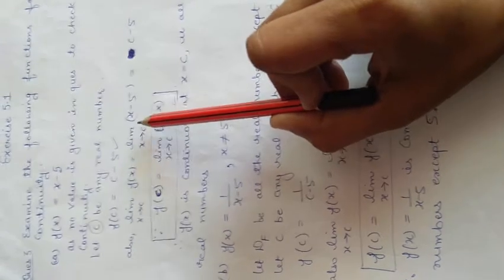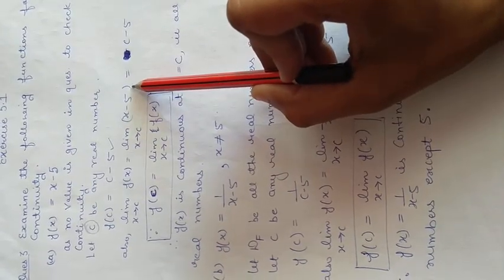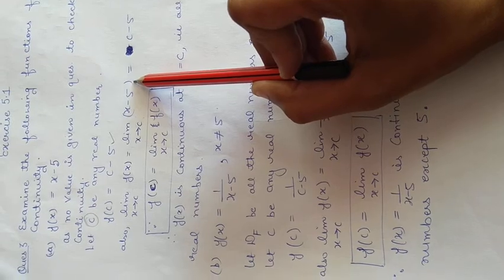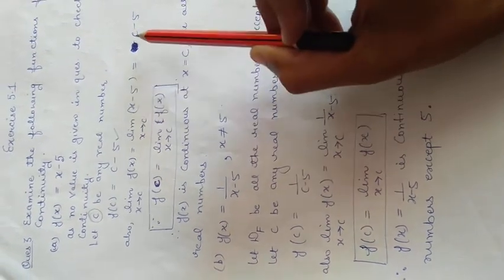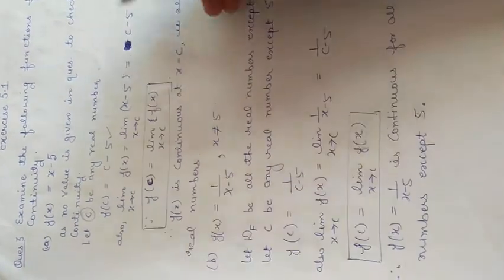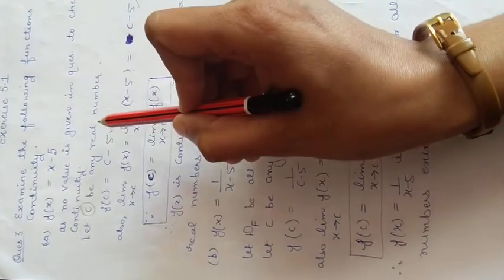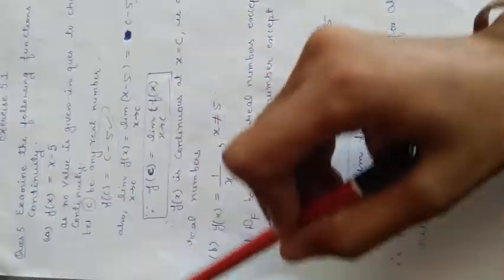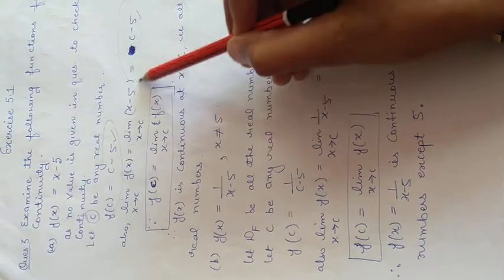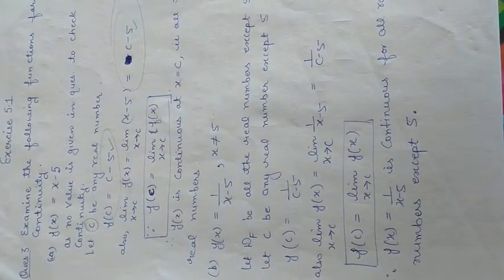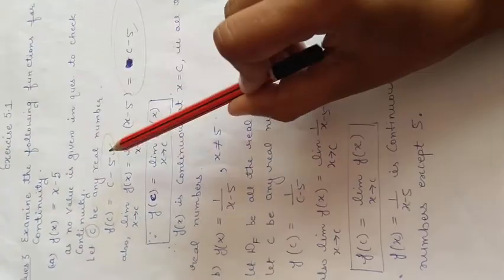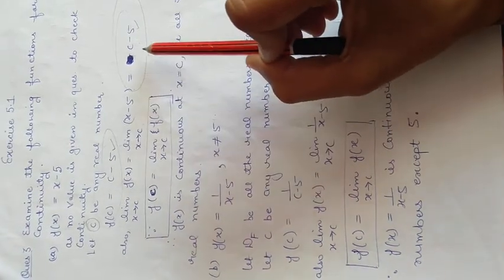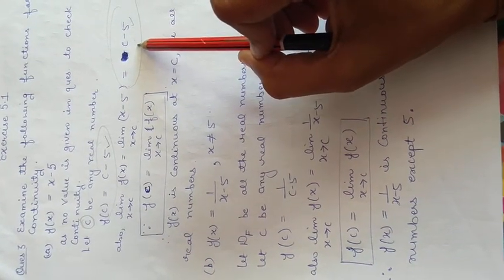Clear बच्चे? It is already in simplified form, and when I put the value of c over here, I will get c minus 5. Now you can check this value of the function and this value of the limit. Both are same.